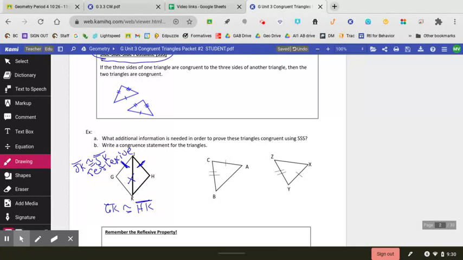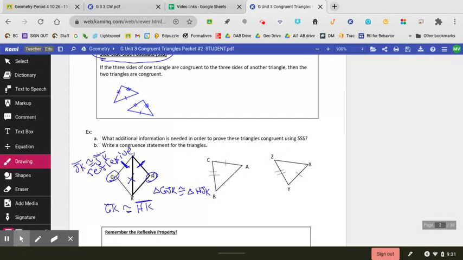Now, what is a congruent statement? The congruent statement is when we say the triangles are congruent, and it's important that the vertices go in order. So when we look at this, G matches up with H. So I'm going to say triangle G is congruent to triangle H, and then J is the same spot, GJ, HJ, and then K goes together.